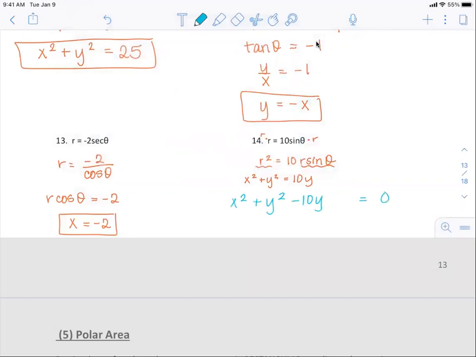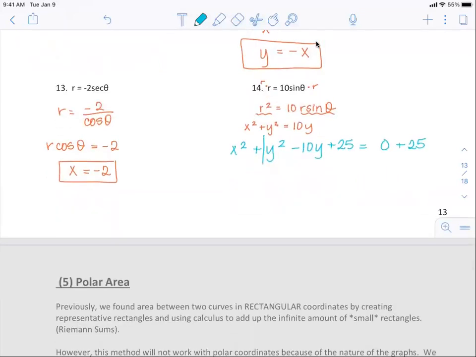Then on y squared minus 10y, we can complete the square by adding 25 to both sides. When we do that, if we just focus on the y part, we have x squared plus, this now factors to y minus 5 squared equals 25. And in this form, you can see that this is a circle with a center at 0, 5 and a radius of 5.